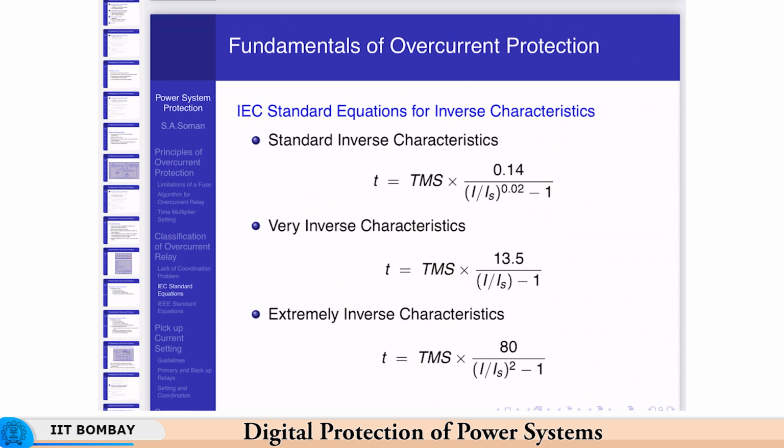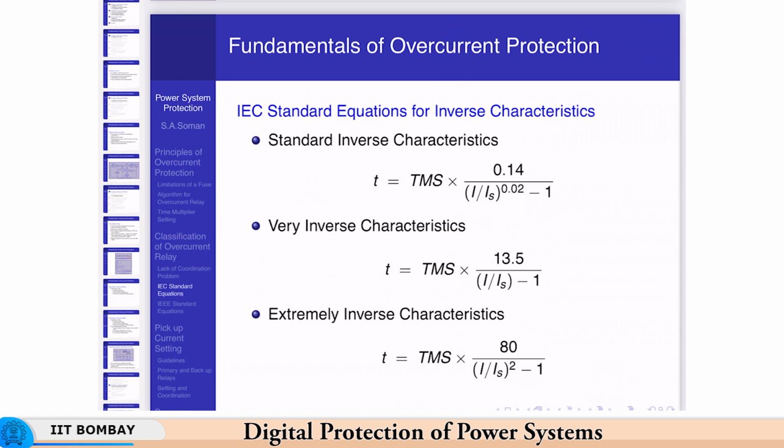Now, one thing that you will notice here is that as the PSM, or I by IS, goes close to 1, the denominator is very close to 0. That is why most manufacturers of electromechanical relays would not guarantee operation below a PSM of 1.5 or 1.6.